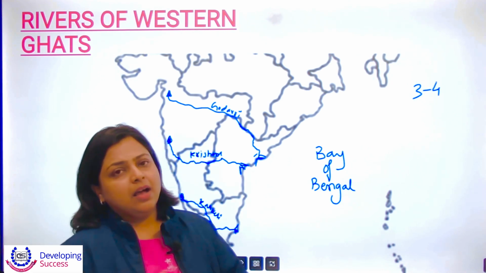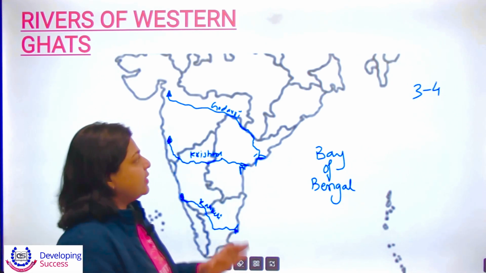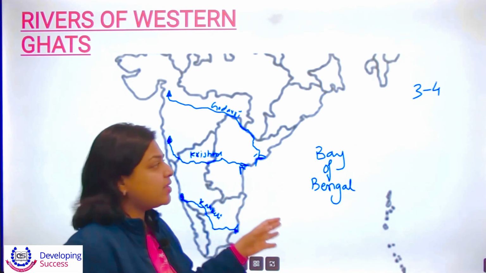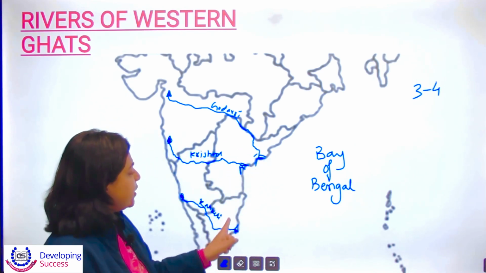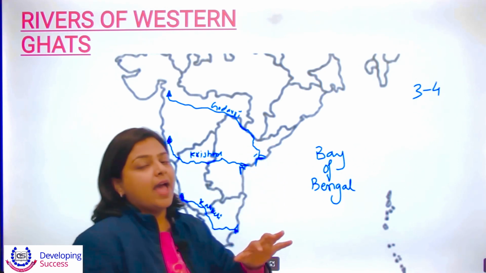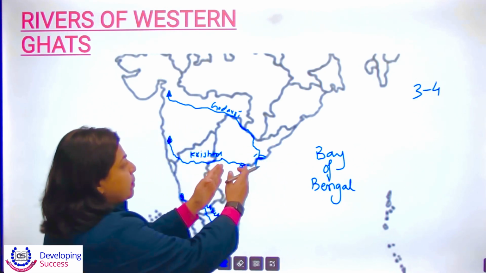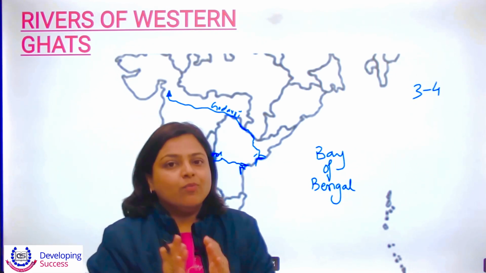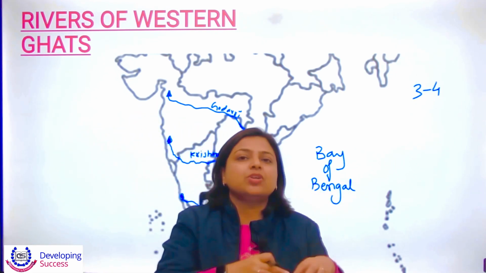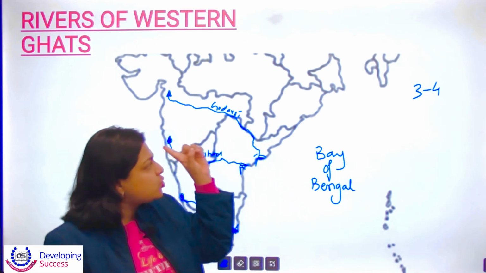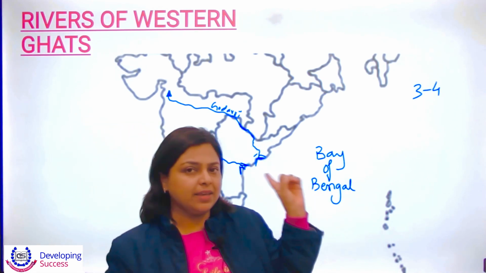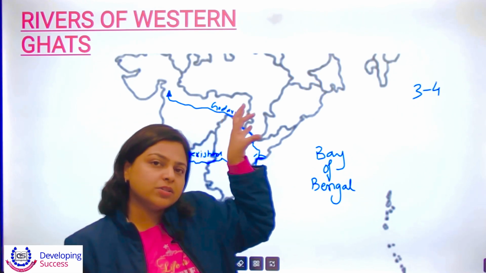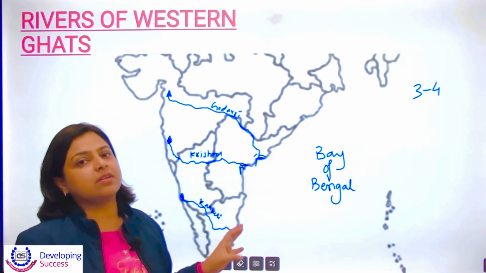They are pretty much eroded, and that is why a large amount of deposits are carried by these rivers and deposited on the eastern coastal plains, and this is why eastern coastal plains are broader and western coastal plains are narrow. Why are they narrow? Because the deposition is very less, because most of the rivers are actually flowing eastward and carrying their deposition, and all the deposition is being done on the eastern part.